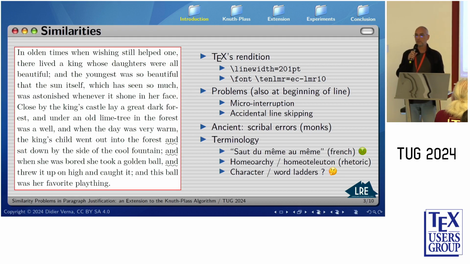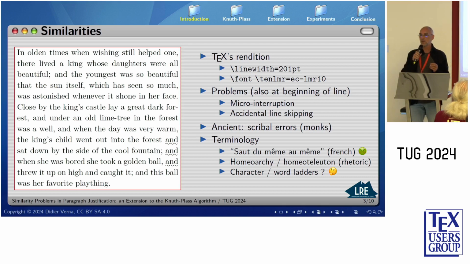A word of terminology before we proceed. I'm talking about similarities here, and especially intentionally when I don't want to distinguish end of line or beginning of line similarities. I believe it's quite explicit, but there is also a number of potential terms to use to describe those problems.